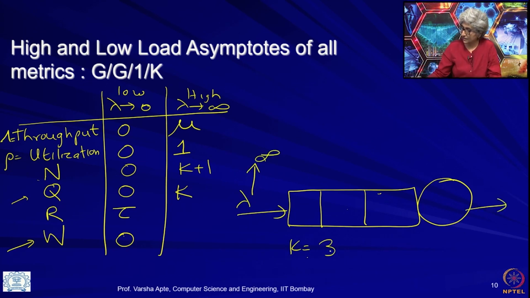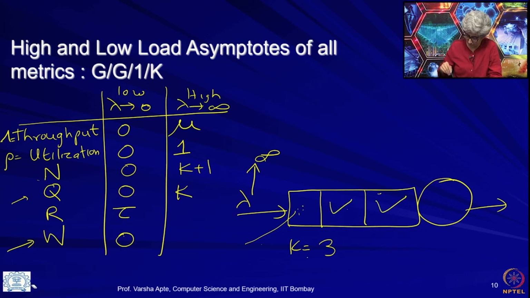One thing that is easy to intuitively agree on is that when the arrival rate is so high, an arriving request will pretty much be the last one. The probability that it will find 2 spaces free is almost 0. So, there will be somebody here and somebody here, and a new request arrives here.